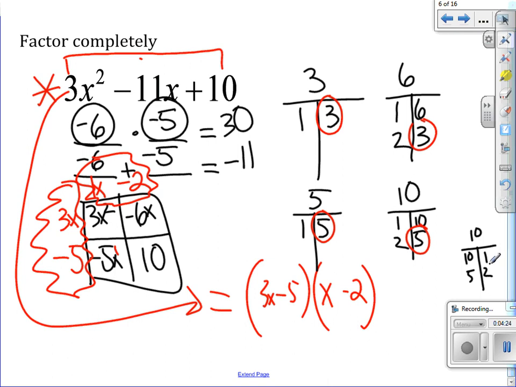The order doesn't matter, right? Because look, 5 times 2 is still 10, and 2 times 5 is still 10. So the placement of the numbers in the table, as far as which side you're putting them on, doesn't matter. I don't want anybody to think that in order for you to pull a number out of the two tables, they have to be on the same side. That's not the case, all right? I hope that's clear. If it's not, call me over and I'll try to do a better job of explaining.